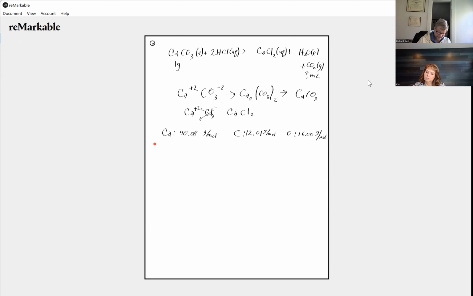So we have 1 for calcium carbonate. We have 1 calcium at 40.08 grams per mole. We have 1 carbon at 12.01 grams per mole. And we have 3 oxygens at 16 grams per mole. Where's my calculator?